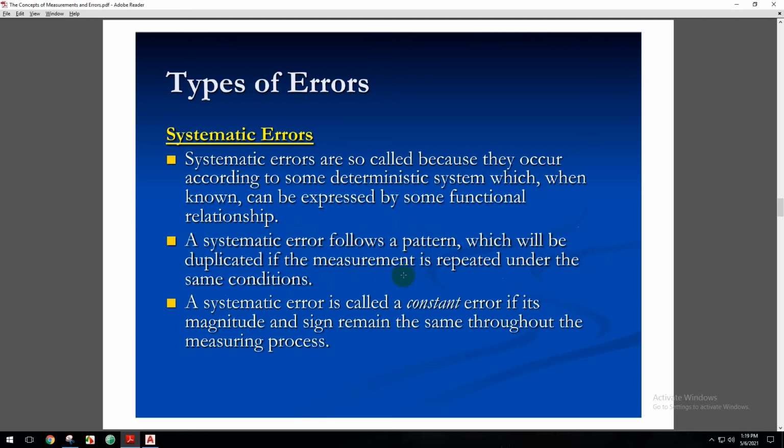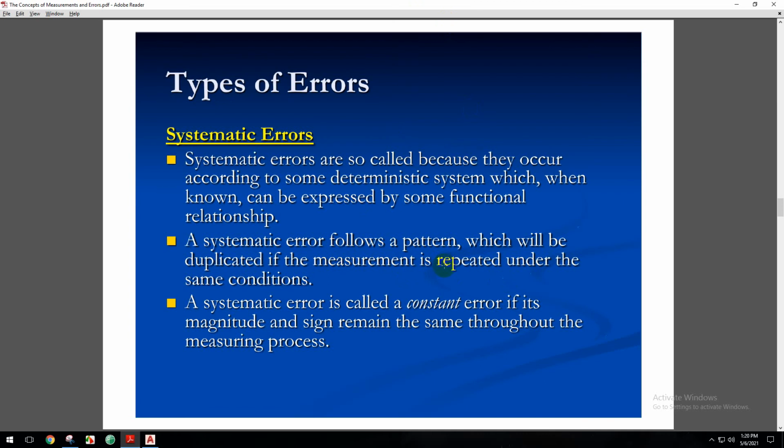So, for example, ang imuhang tape, if mainit mo-expand siya og 5 cm. Okay? So kana siya nga error naay pattern. Kay every time molapas ang temperature og 37 degrees Celsius, mo-expand og 5 cm ang imuhang tape. So kana siya nga error is systematic. So naa siya pattern nga gi-follow.